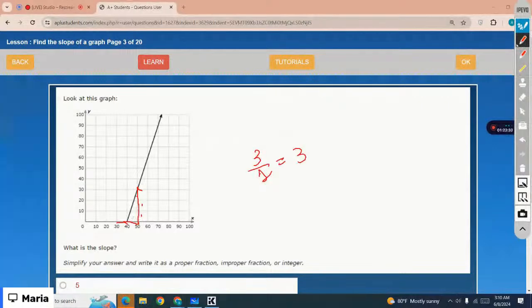The slope of the graph is 3. The correct option is 3. Got it?